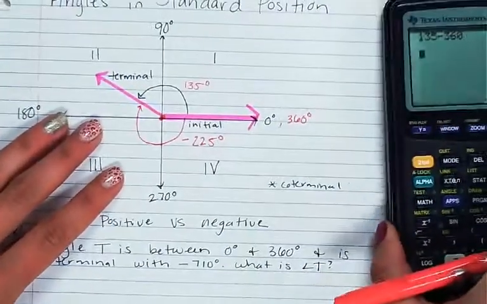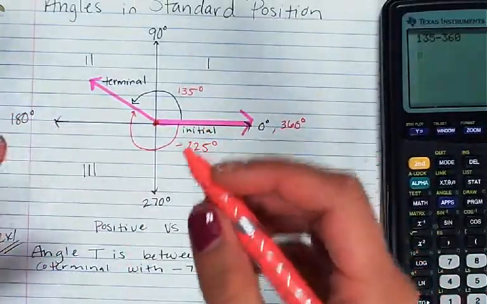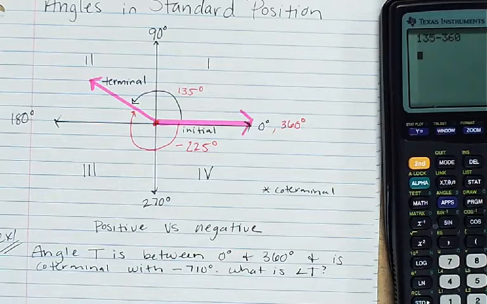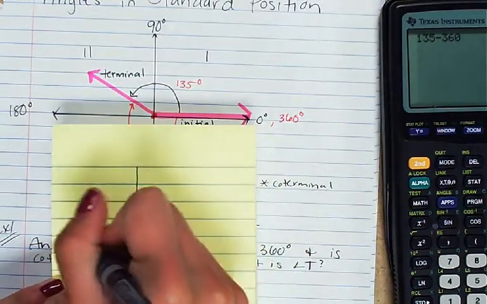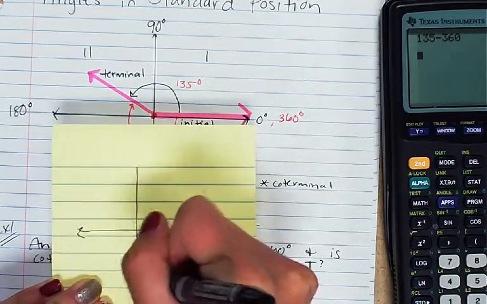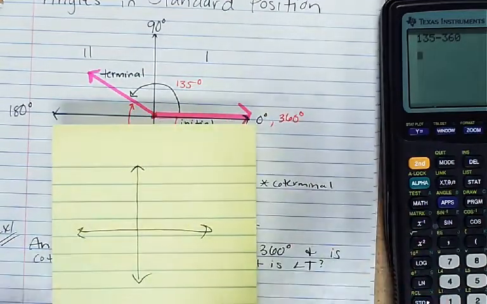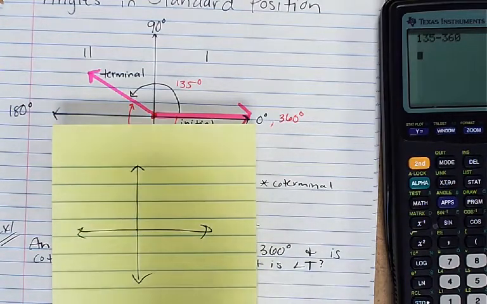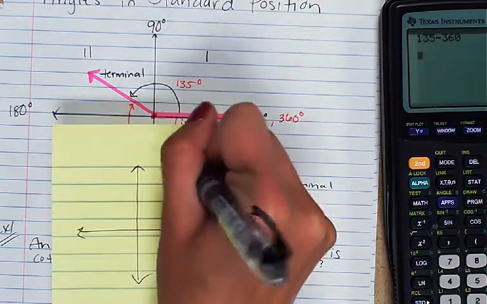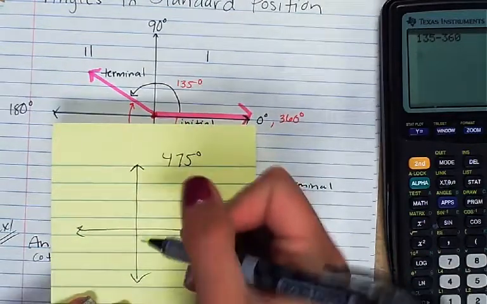So for example, let me draw a new one. Let's say I wanted to draw an angle that was 475 degrees. I would start here.